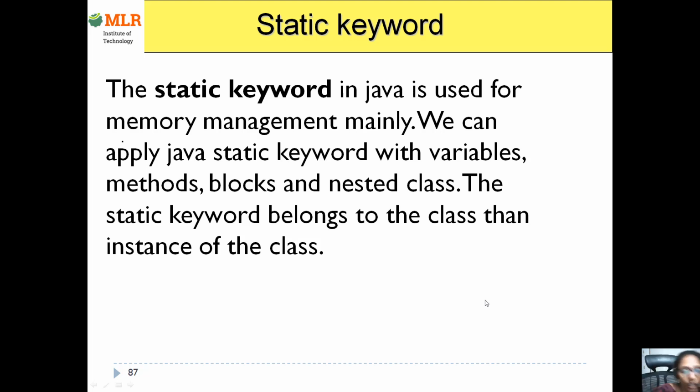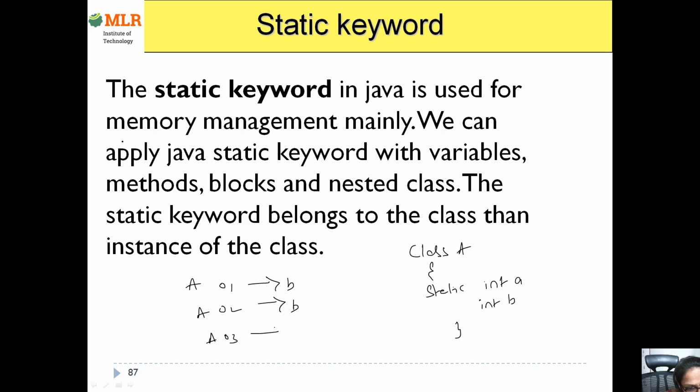That means I have a single class, and I have a static data item int A, and another item B. Now I am creating three objects. O1 will contain an individual B, O2 will contain an individual B, O3 will contain an individual B, whereas A is static, which will be saved within the class space, and this will be used by O1, O2 and O3.